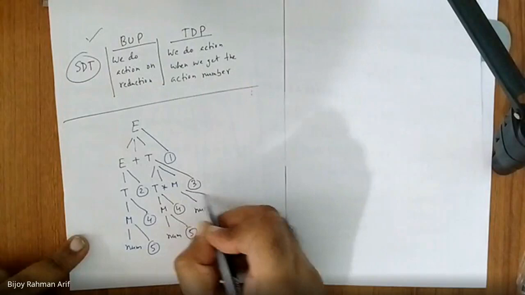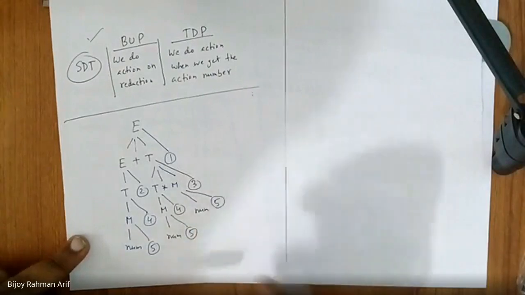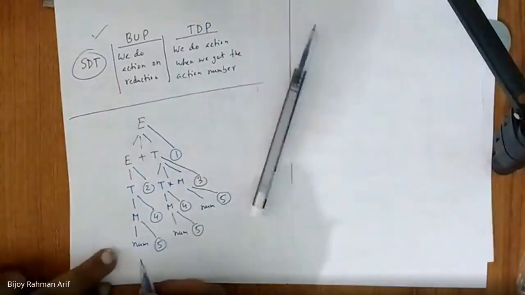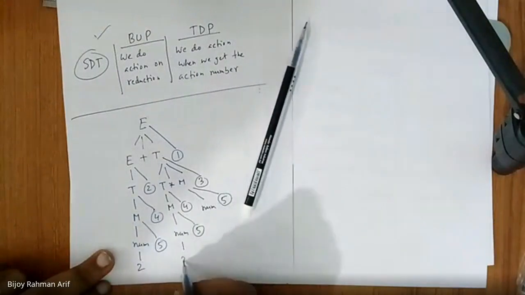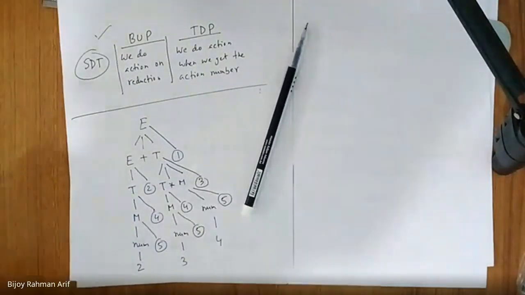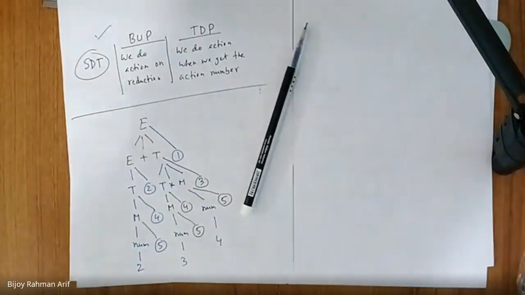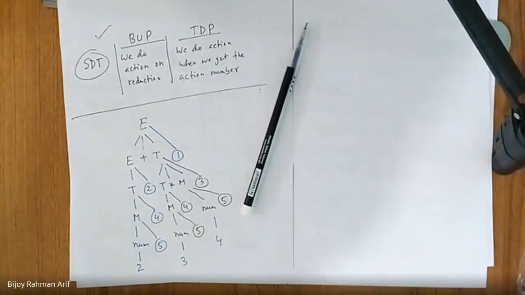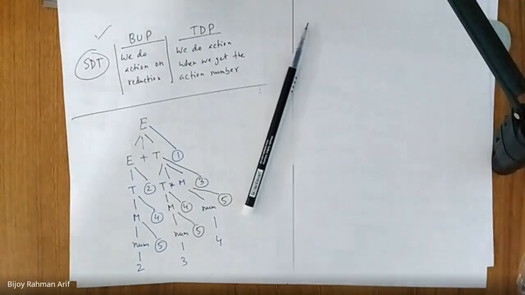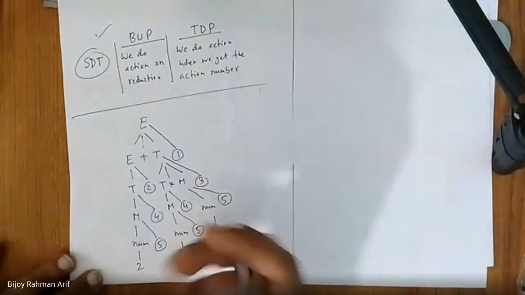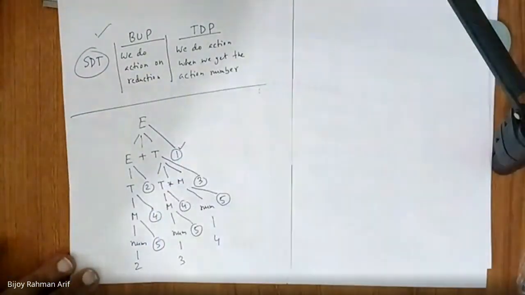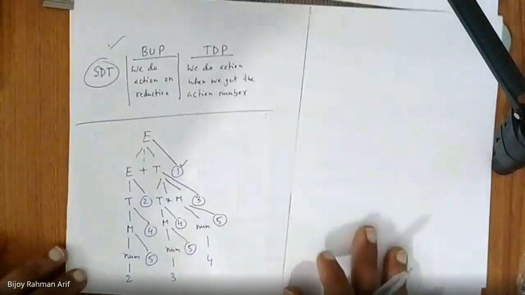What is the action? 5. Now put the numbers. 2, 3, 4. Alright. Now again we are traversing this tree. But this time, because a top-down parser does not use reduction, it uses derivation, whenever we encounter these numbers, we are going to do the action. Okay? So let's start.